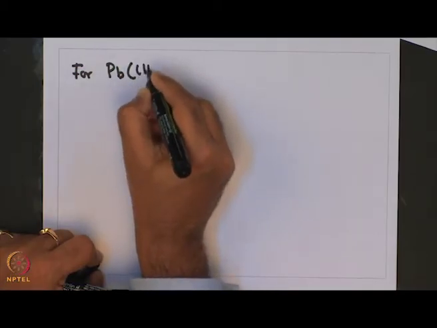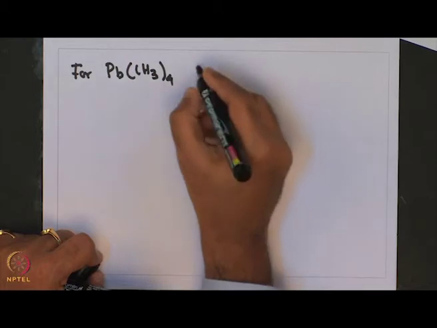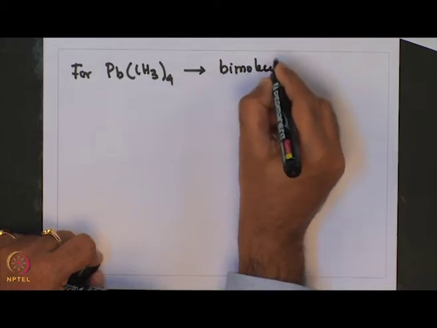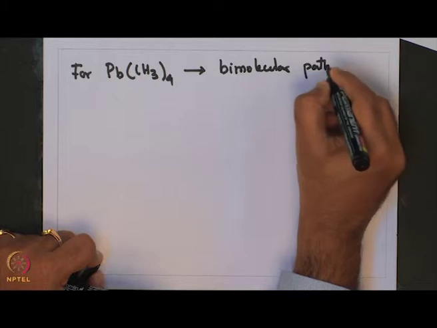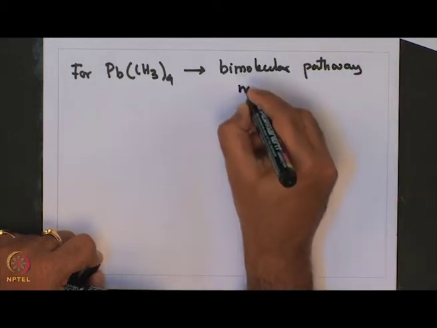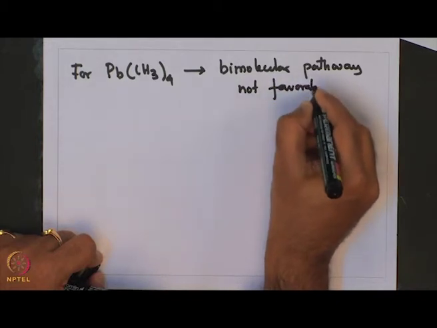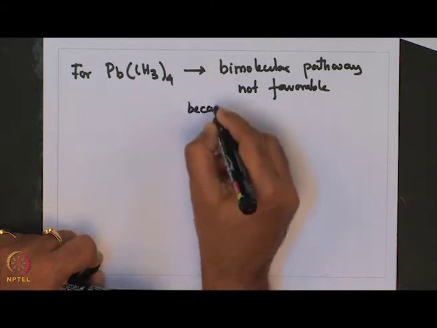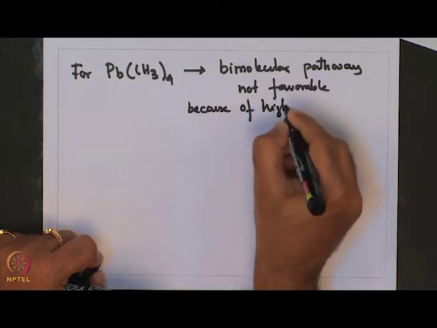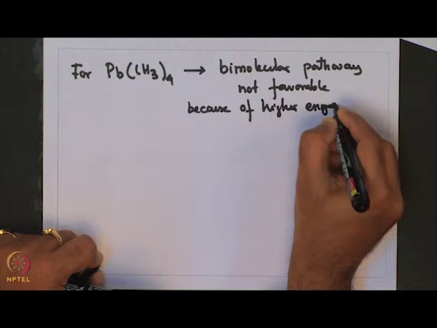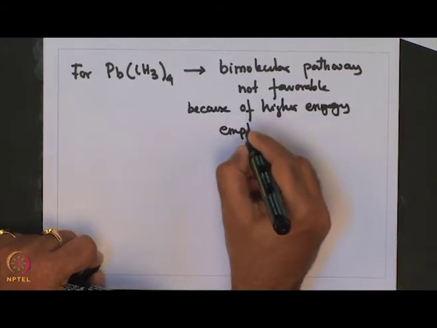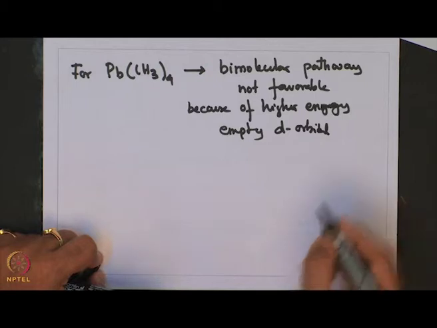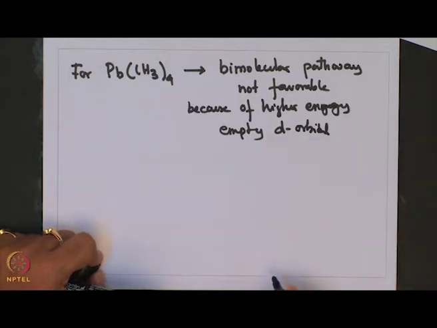For tetramethyl lead, the bimolecular pathway is not favorable because of the higher energy empty d orbital for undergoing such a decomposition pathway.